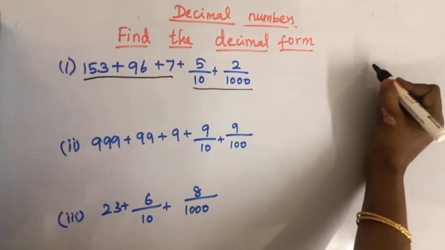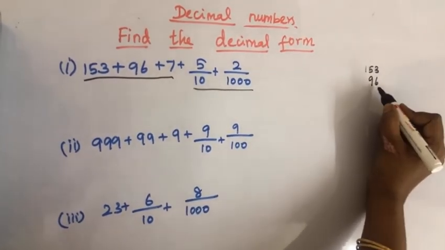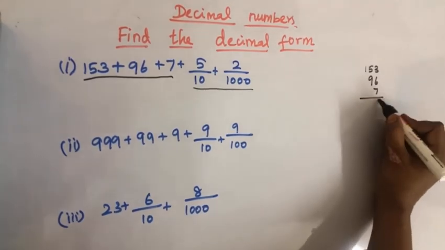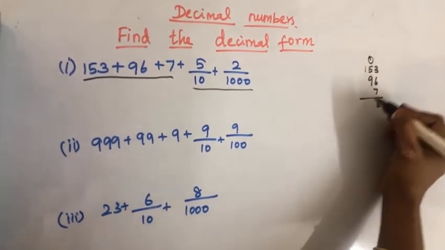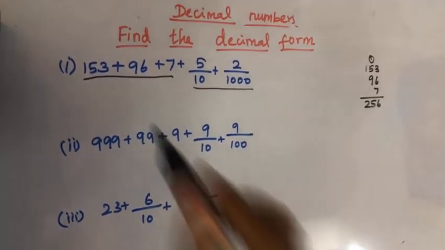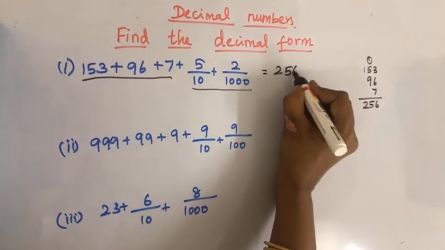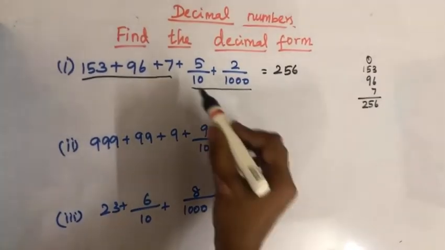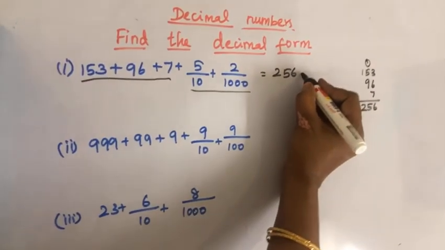What do you get? 153, 96 and 7. While adding this, 6 plus 3 is 9, 9 plus 1 is 10, plus 5 is 15, and then 2. So, while adding all this I get 256. So, these numbers will form the decimal part. You know the place value.